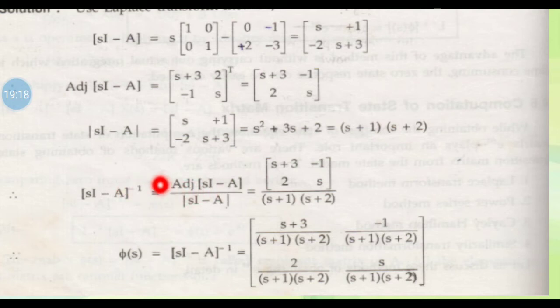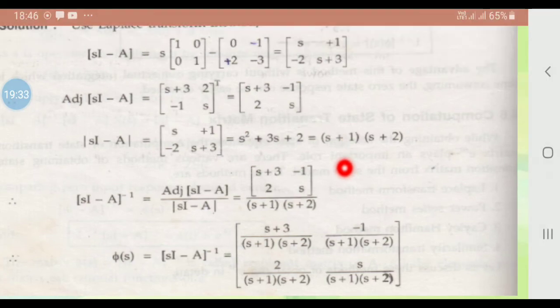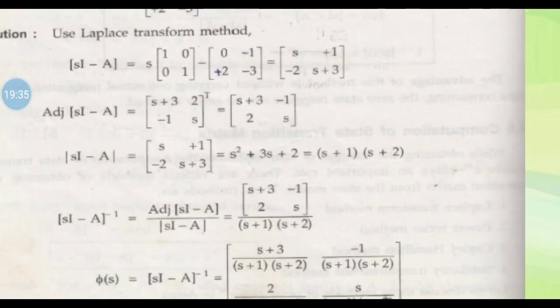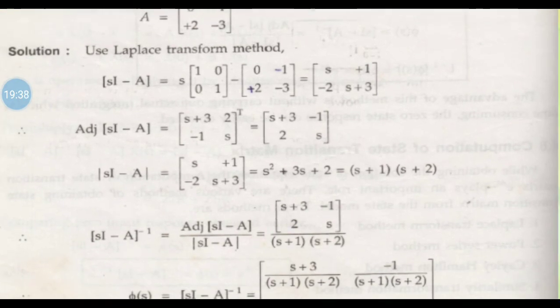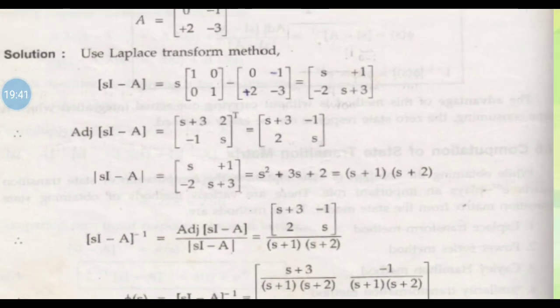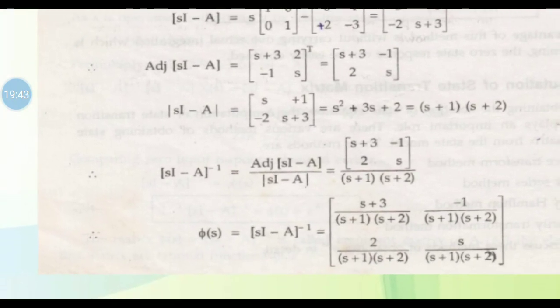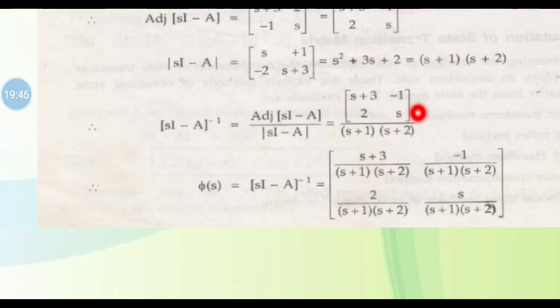So (sI minus A) inverse is equal to adjoint of (sI minus A) by determinant of (sI minus A), which is s plus 3, minus 1, 2, s divided by s plus 1 into s plus 2.